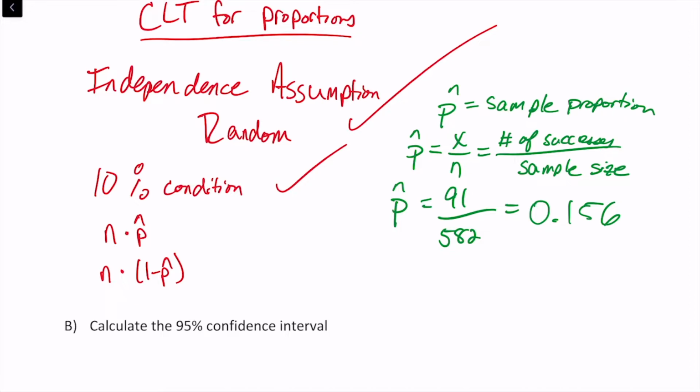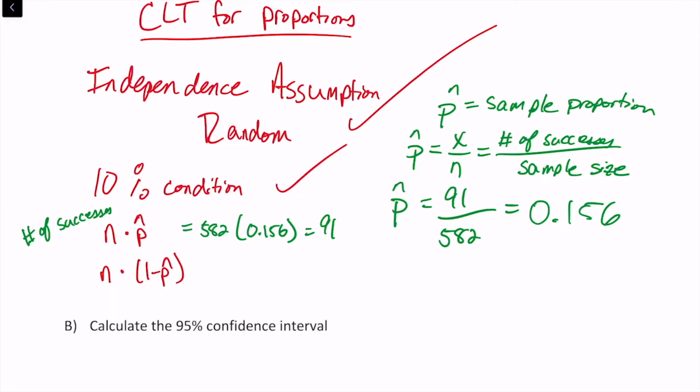But really what we need here is to check whether the number of successes and the number of failures are greater than 10. If we take our sample size of 582 times 0.156, we're going to get close to that 91 number, because there are 91 accidents that were caused by teenagers.